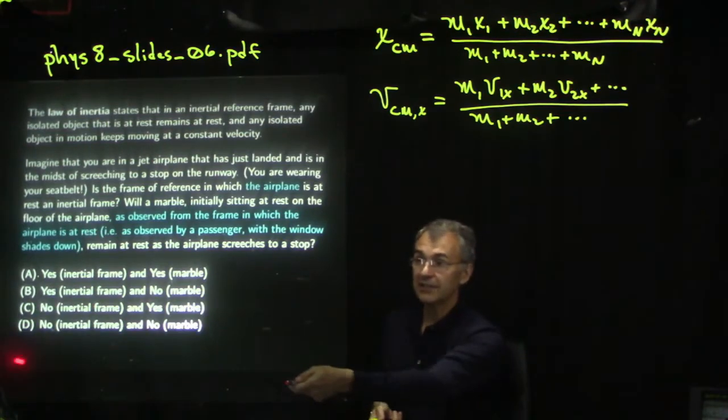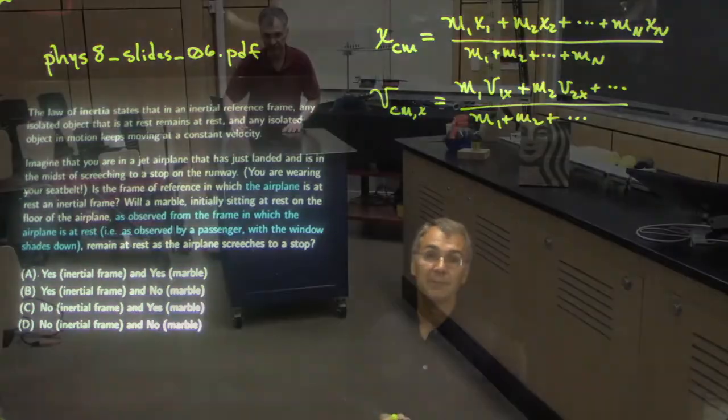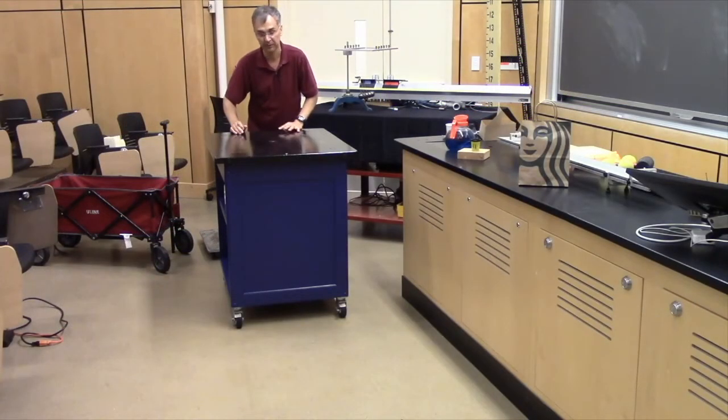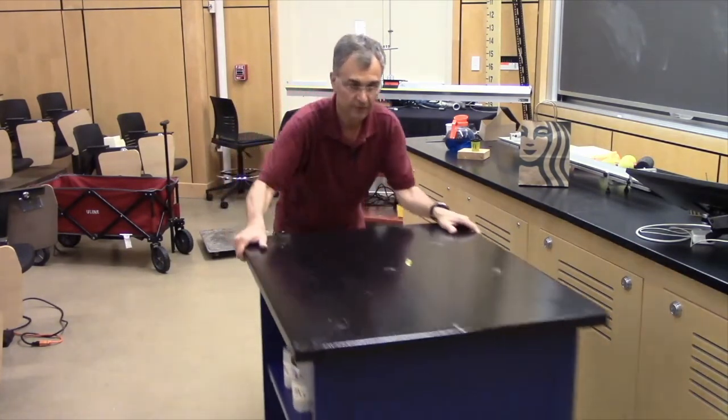So I'd say D, it's not an inertial frame, and the marble will not remain at rest. It will shoot forward if the plane is screeching to a stop, accelerating, or maybe an airplane has just landed and it's abruptly slowing down. Then I'll put my marble here, and then, whoa!